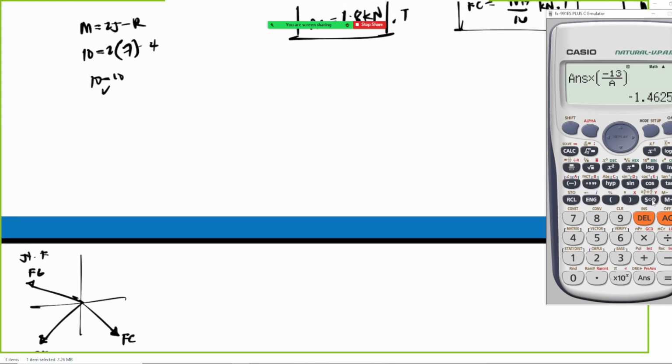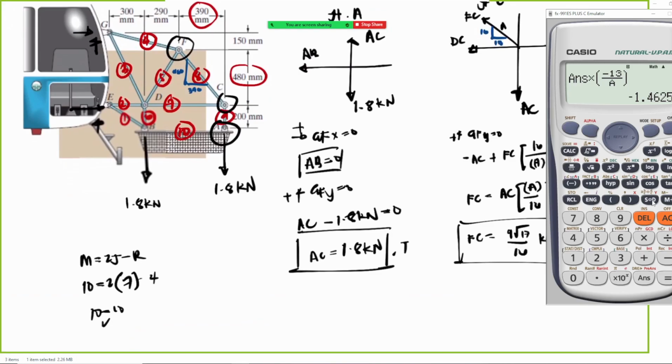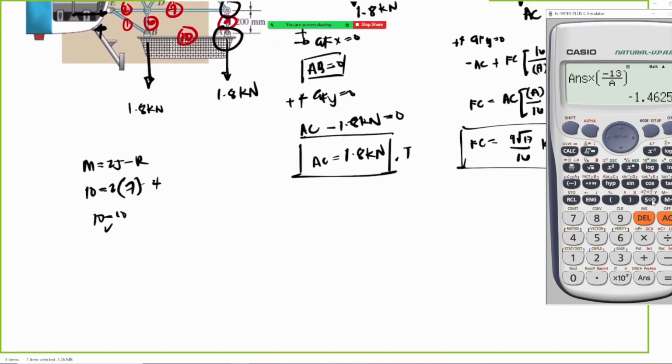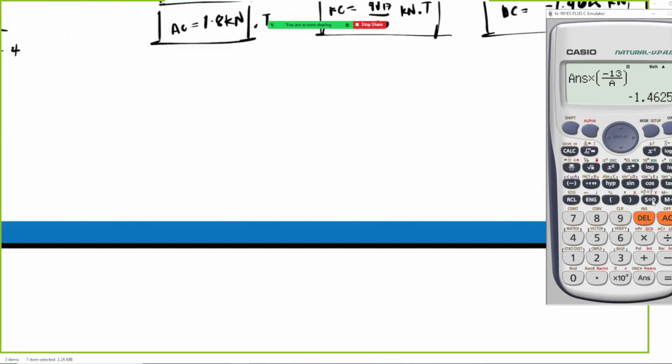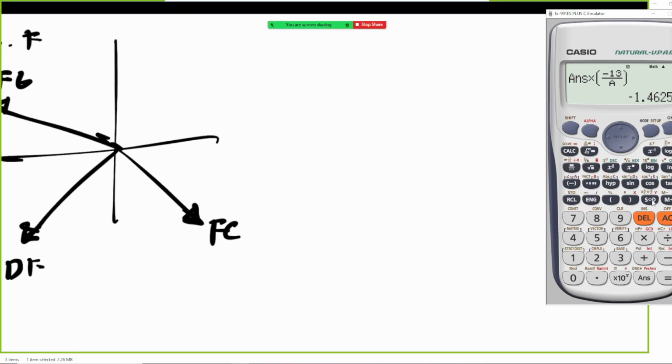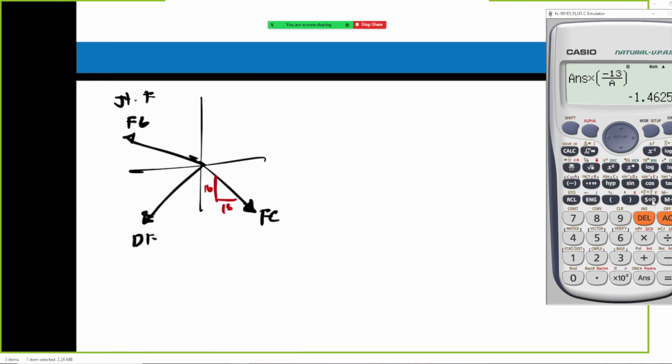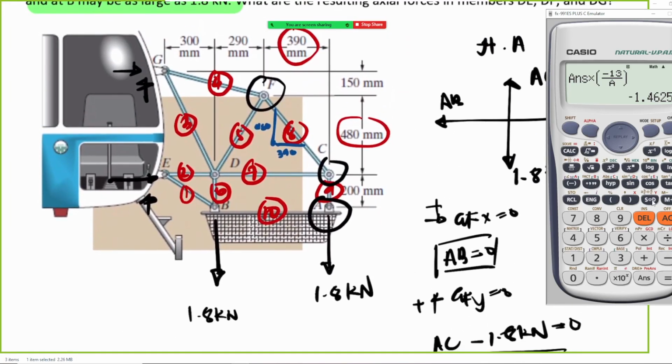Okay? For the angles, meron tayong 480 and 390. So that is 16/13. So same. This one is your 16, ito is your 13. Para sa DF, as you can see, ito yung DF natin.